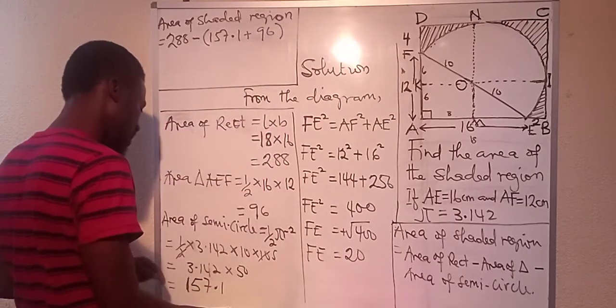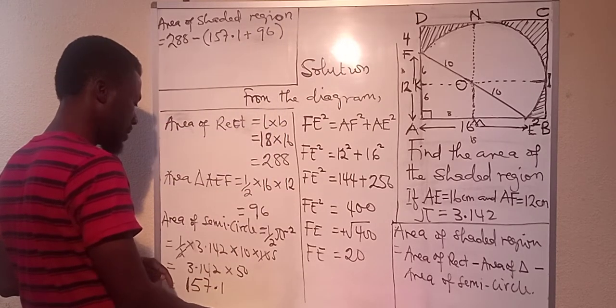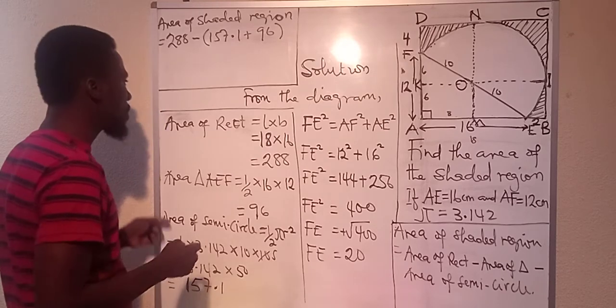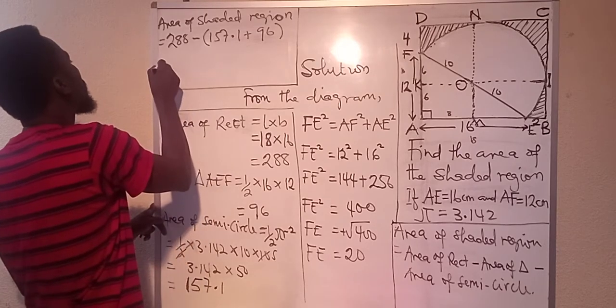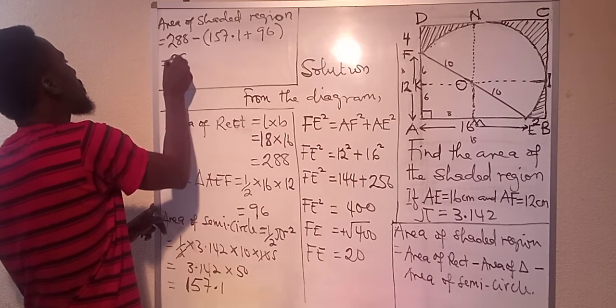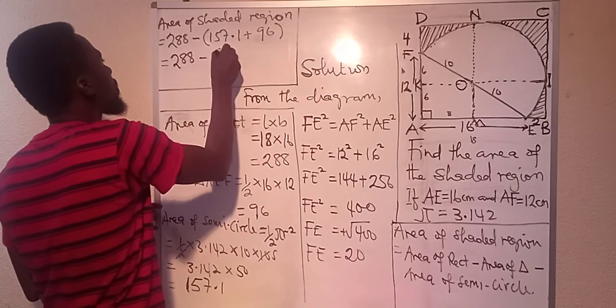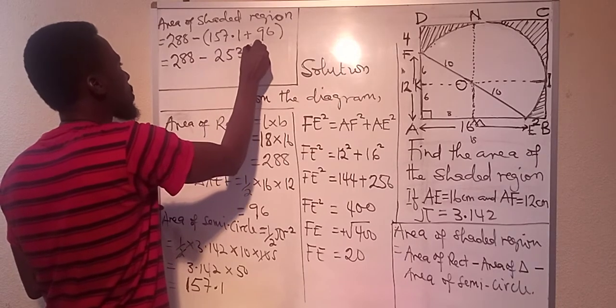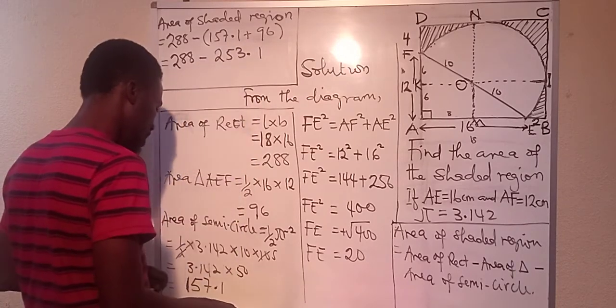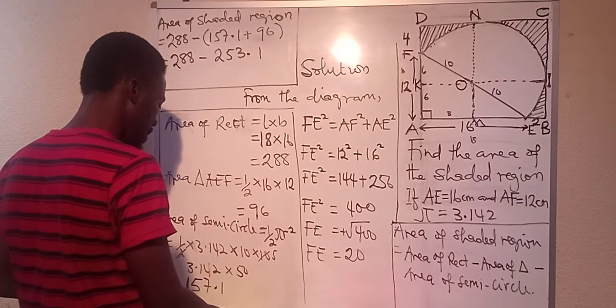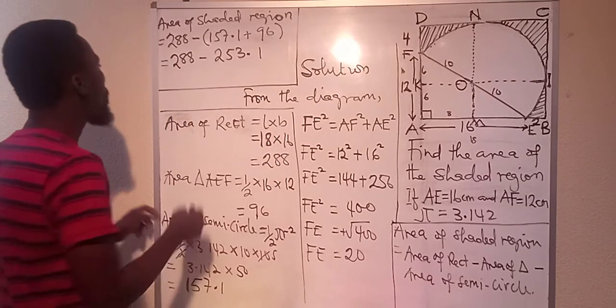What will that give us? 157.1 plus 96 will give us 253.1. So 288 minus 253.1 will give us 34.9.